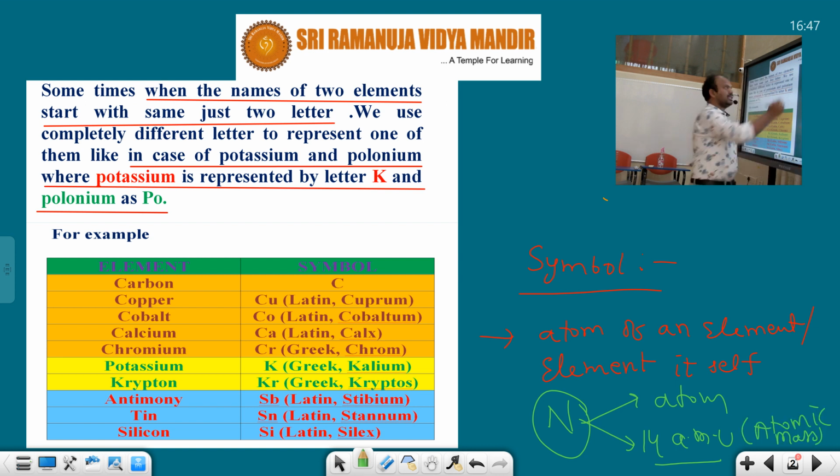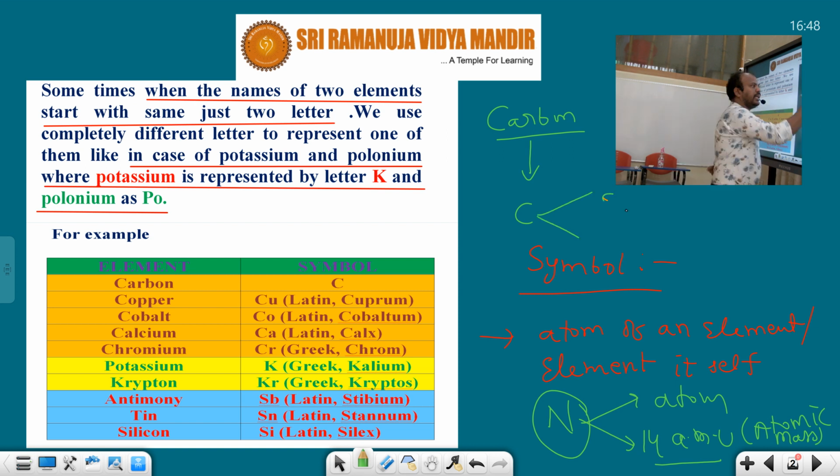For suppose carbon element is given. If you take the carbon element, we can simply write the symbol C. What can you understand here? It is an atom of carbon, and its atomic mass is 12 AMU.